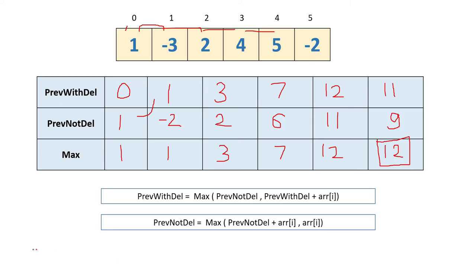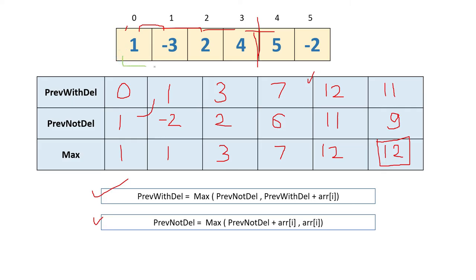Now we will talk about this particular case or formula. I think the DP table formation is clear to you, how we are constructing that, and you understood this part, but this part I will explain. If you check here, the previous value with deletion is 3.